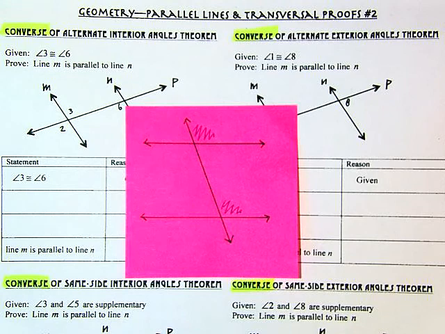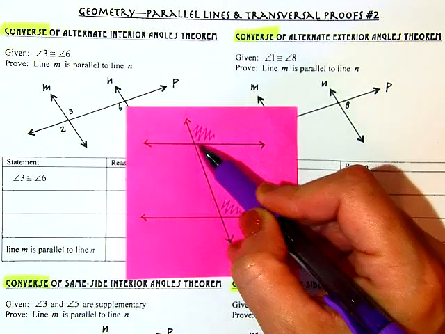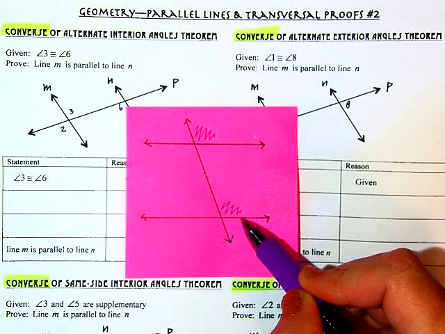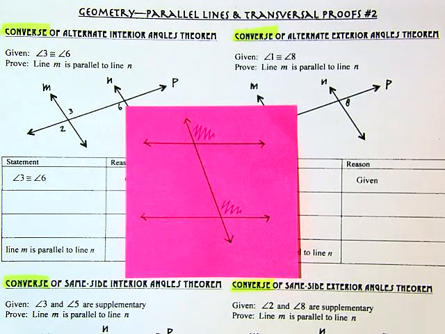If I can show that this angle is congruent to this angle, that is what's going to lock my lines into a parallel position. And my reason would be the converse of the corresponding angles postulate. So keep that in mind. That is where I'm trying to get to in the end. That is why my lines are going to be parallel.